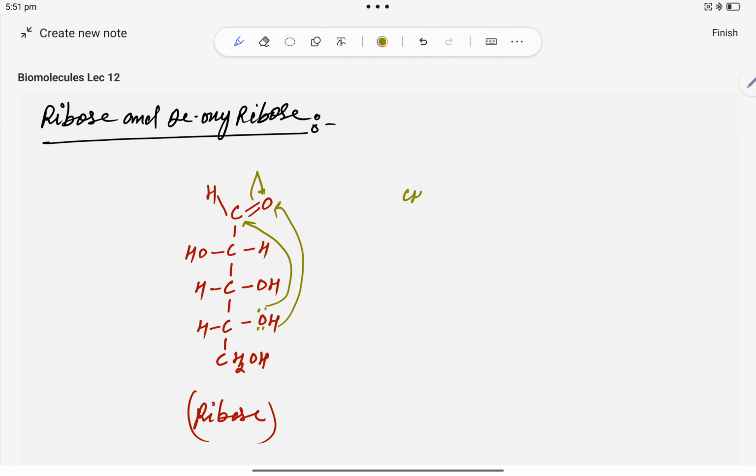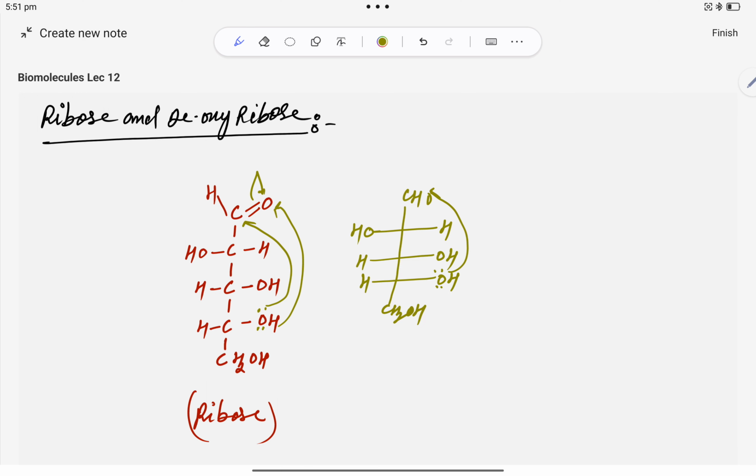Straight chain structure: 1 2 3 4 and 5, CH2OH, here OH, and here H, and here OH.